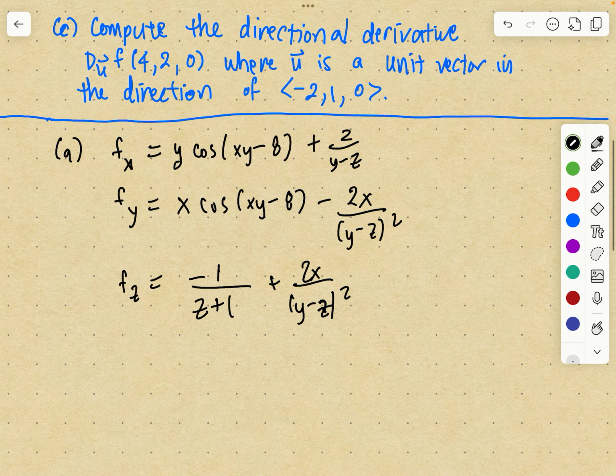Okay, so we shouldn't write the answer as this. I mean, these are the 3 components, but we should write down the final answer like this.